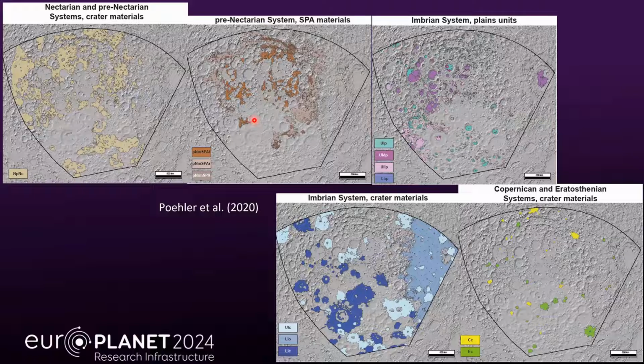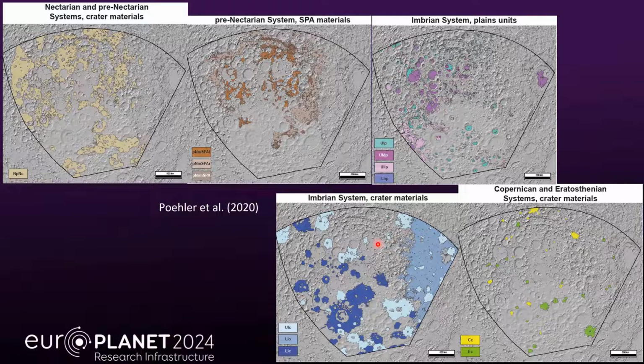So oldest, next oldest, and then moving into younger areas where we have here in teal some of those light plains units, and in purple different Mare units, which we call dark plains units here. And then moving the next step up in time, or kind of the similar time frame, is the formation of the craters that have that age in the Imbrium system.